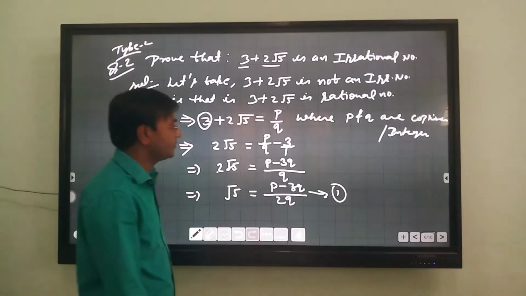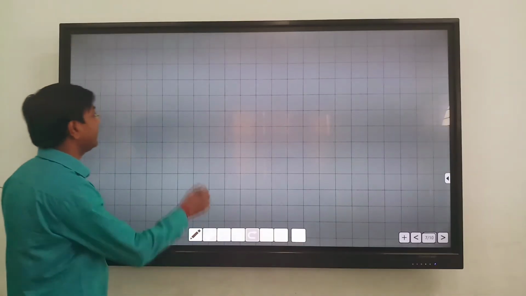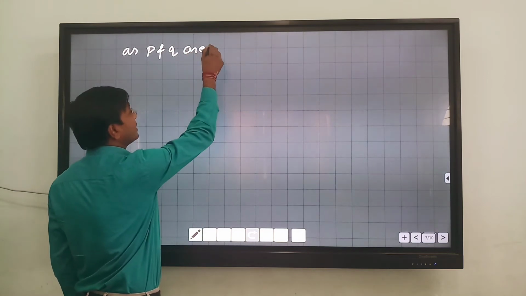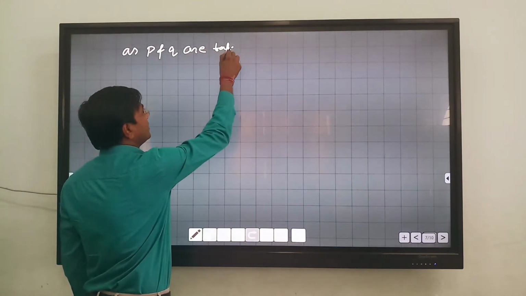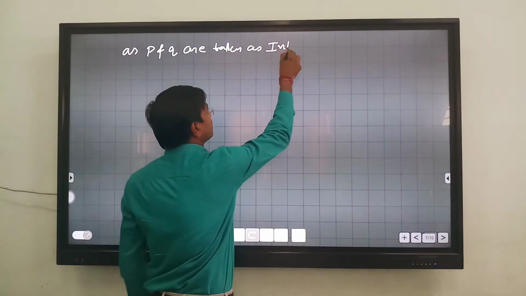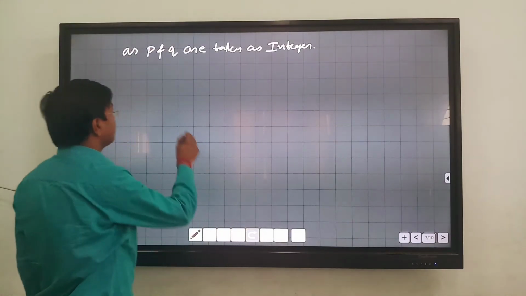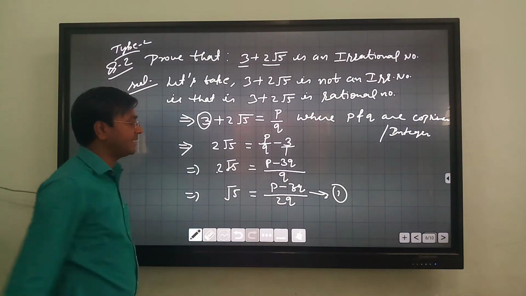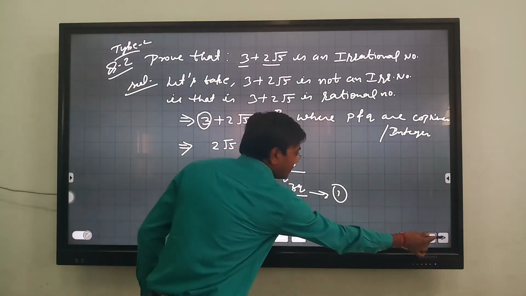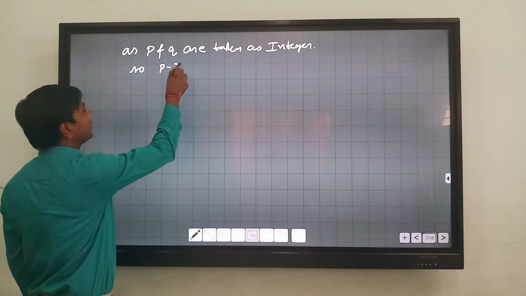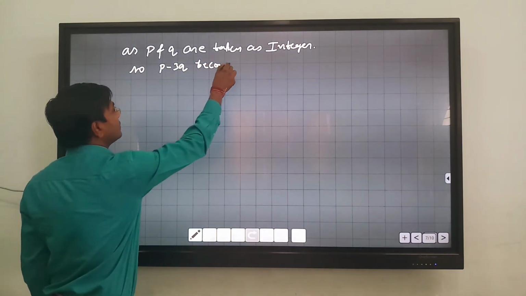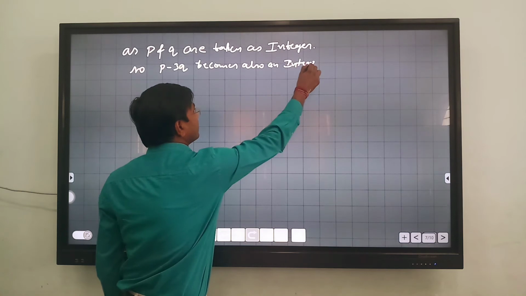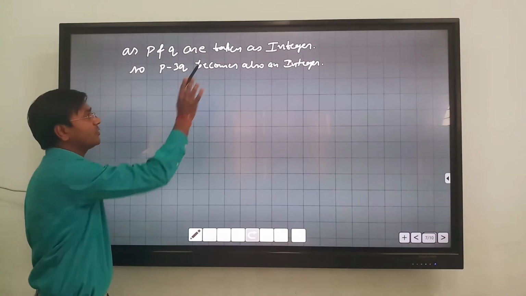Now p and q are integers, as p and q are taken or assumed as integers. So the numerator of the right hand side, p minus 3q, becomes also an integer, because p and q are integers, so p minus 3q is also an integer.